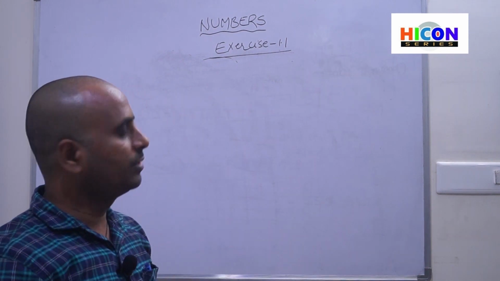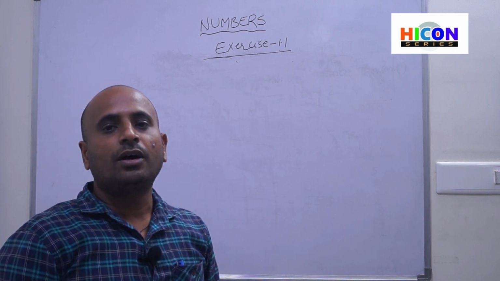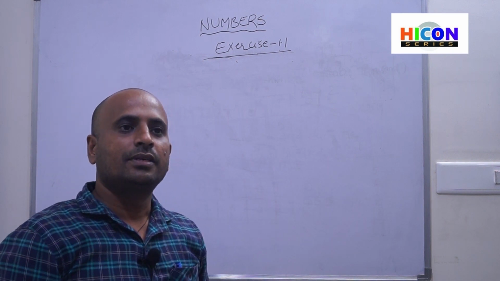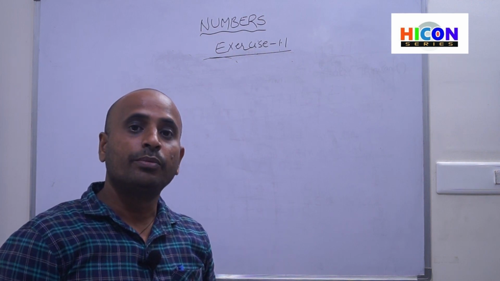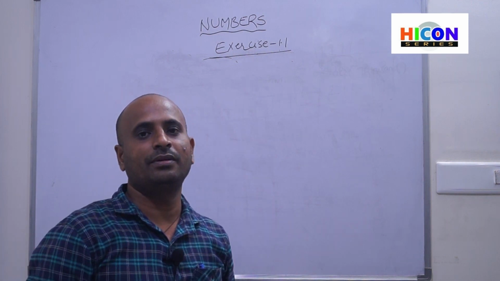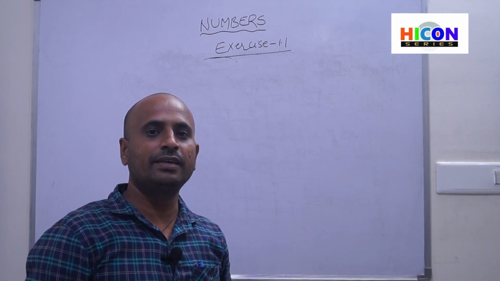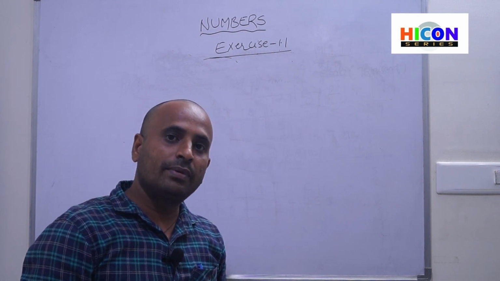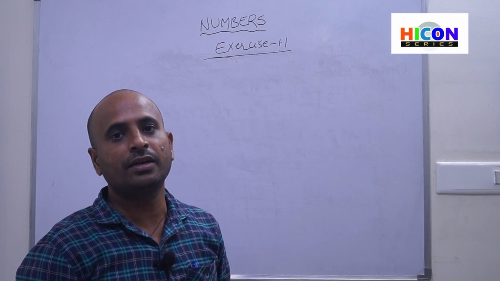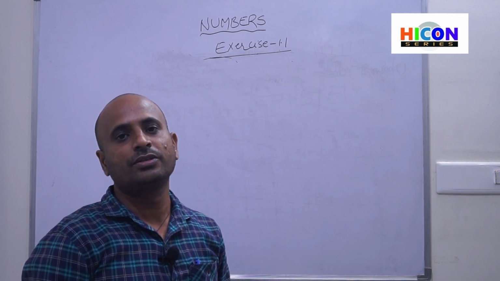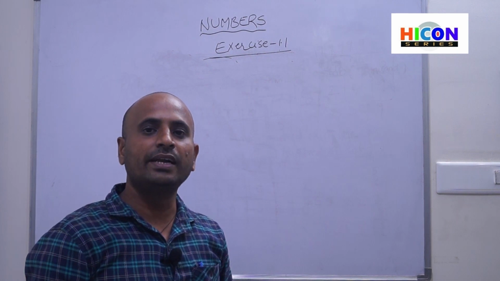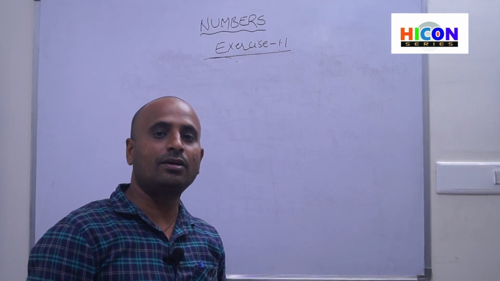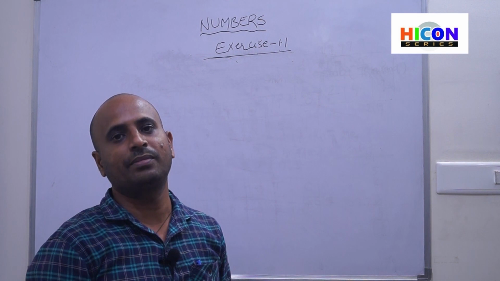Go to the next problem, that is how to write the next number for the given number, and how to write the before number for the given number. So we have to write before number and after number for the given number. You have already learnt in second class how to write before number and after number for a given number.